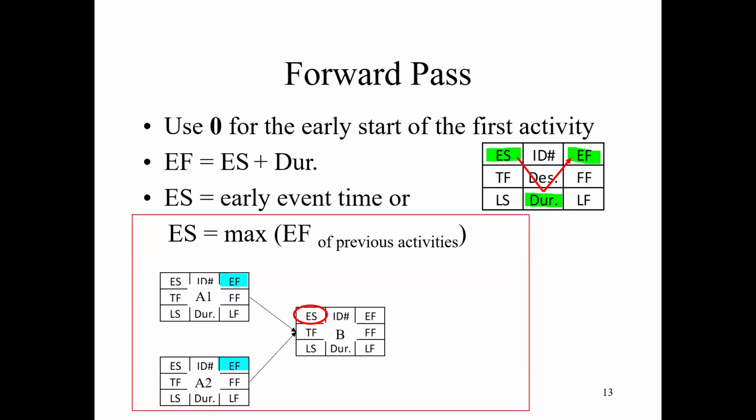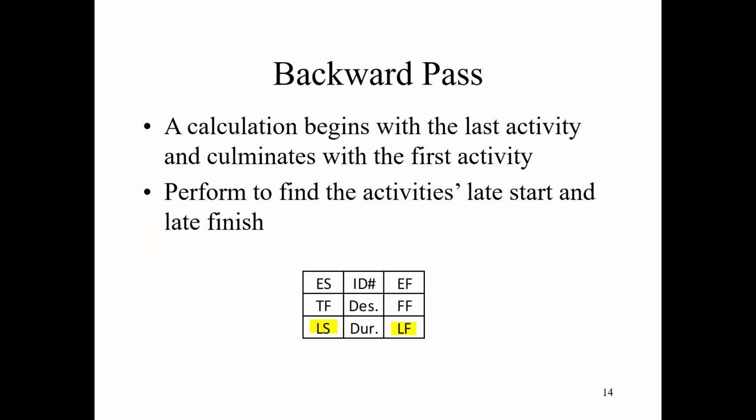That means the early start time for B will be determined by either A1 or A2 early finish time, and you use the largest one. It's because if any of them did not finish, then you cannot start it. So you need to make sure both finish and then you start. Okay, so remember this one: ES is equal to the maximum of the EF of your previous activities.